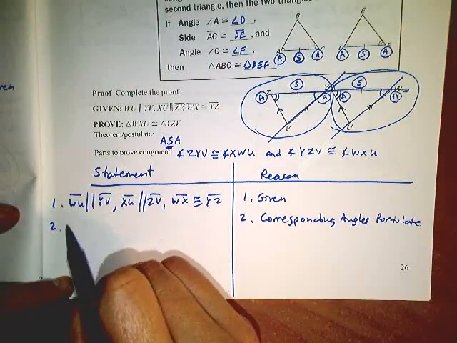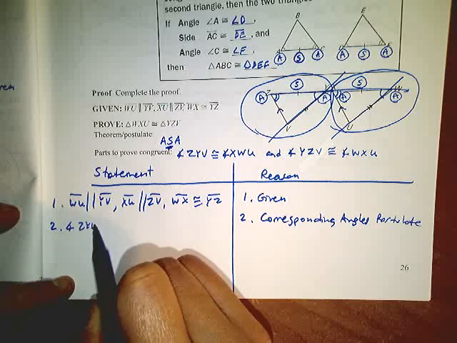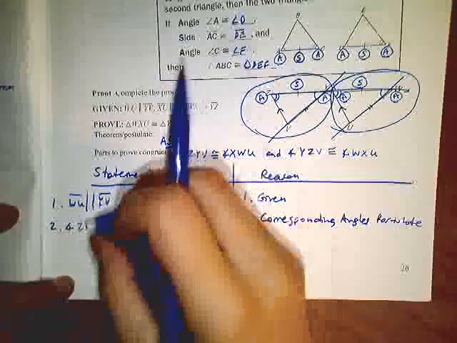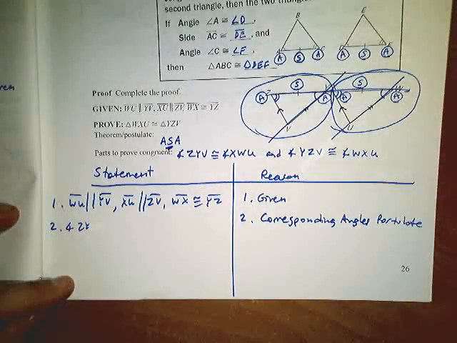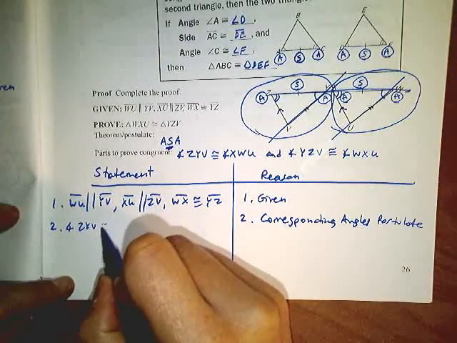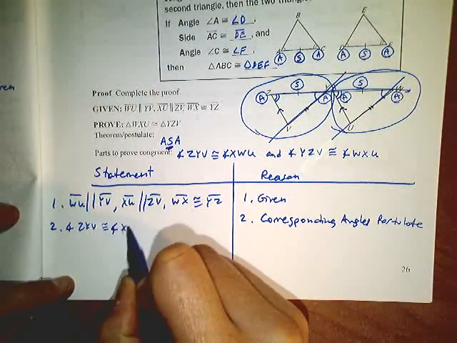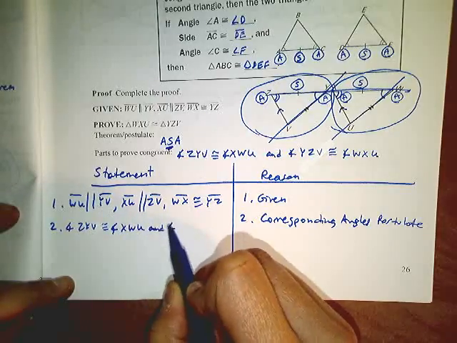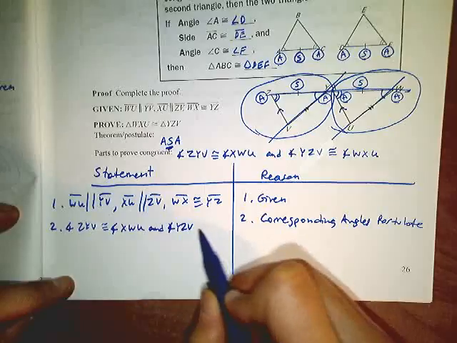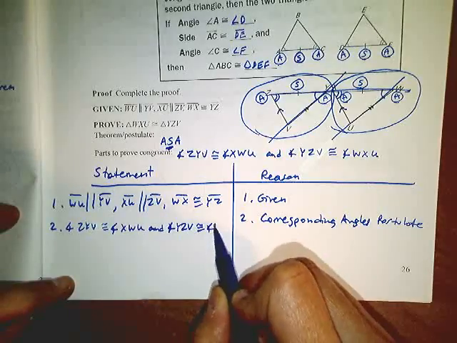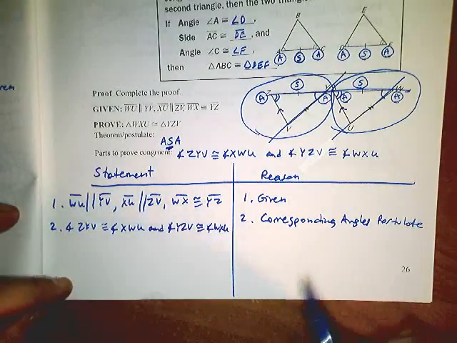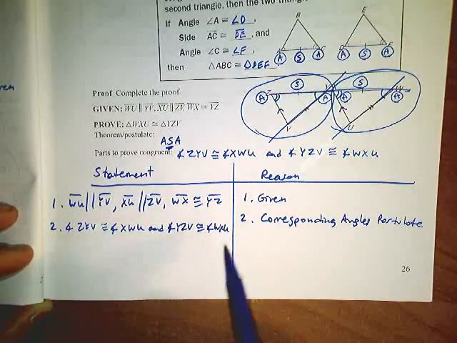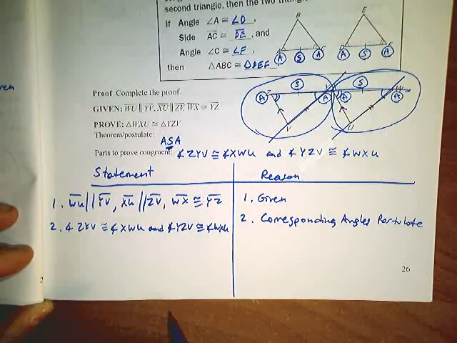So I have angle ZYV congruent to angle XWU and angle YZV congruent to angle WXU. And corresponding angles postulate is the reason for both.